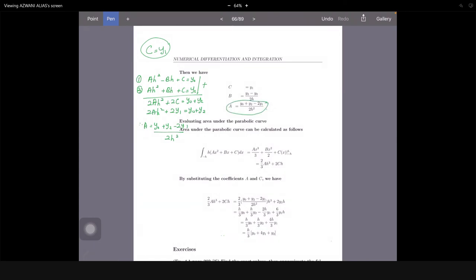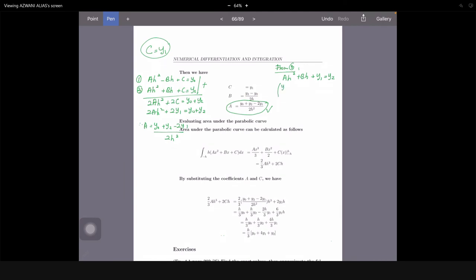Okay. So, ambil the value of A ni, masukkan in any equation, 1 or 3 lah. So, let's say saya ambil from 3. AH kuasa 2 tambah BH tambah Y1 is equal to Y2.